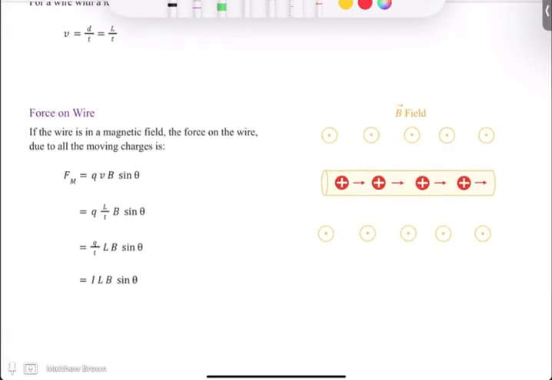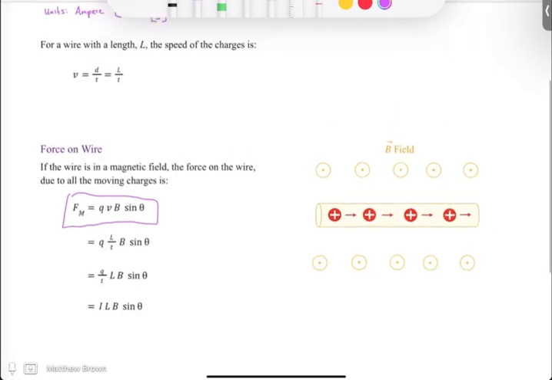I already did the derivation over here. If we look at that, the magnetic force on charges, this is the equation we left off with in the last class. It's just qvB sin theta. We can replace v with L over t because that's the velocity these charged particles would be moving with.